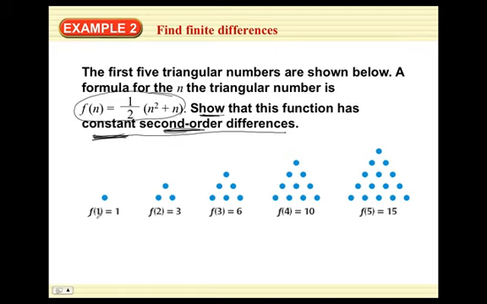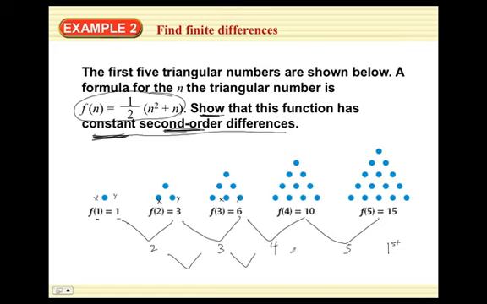Here's x, here's y, and so on. All we got to do is take differences of y values. 1 and 3, 2. 3 and 6, 3. 10 minus 6, 4. 15 minus 10, 5. There's our first order differences. And you could probably see if we take the second, there's 1, 1, 1. The second order differences are constant.